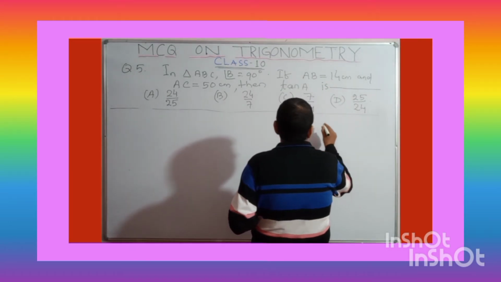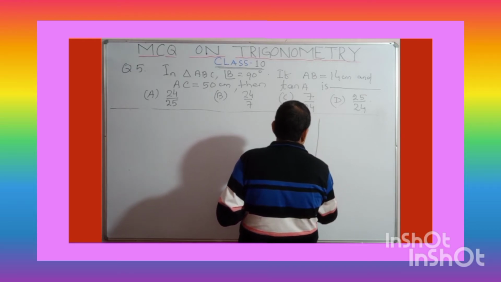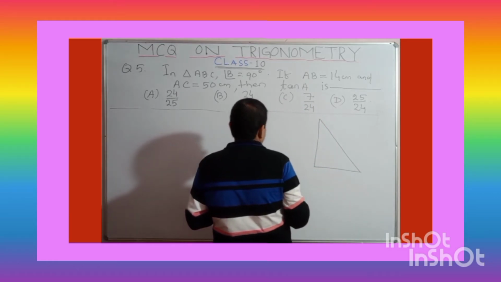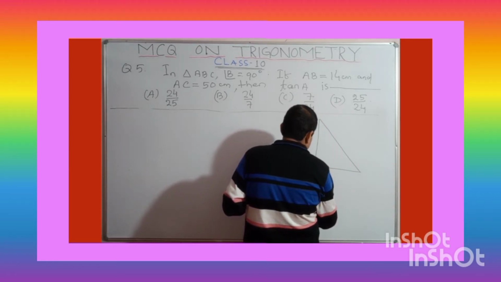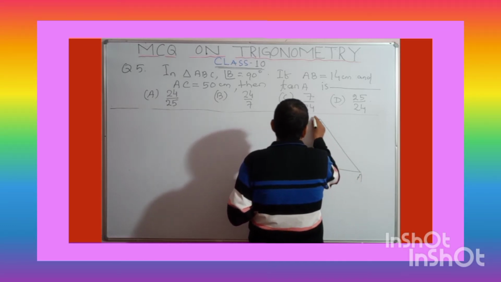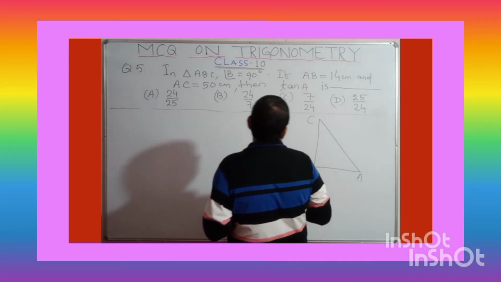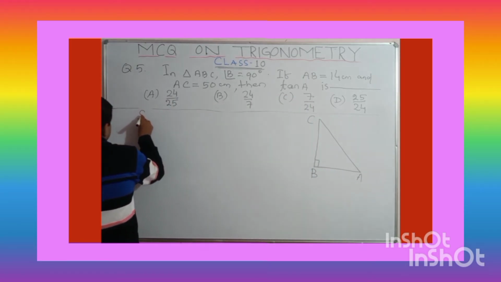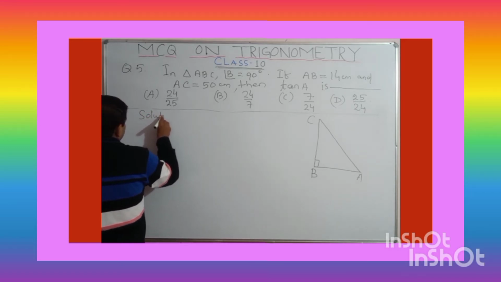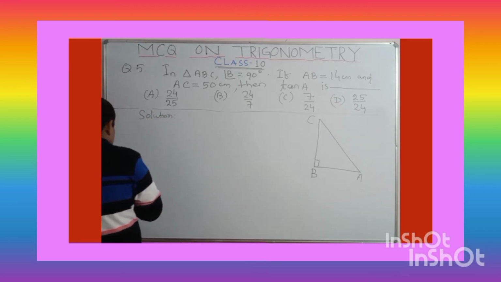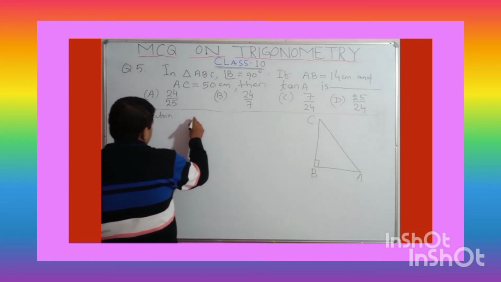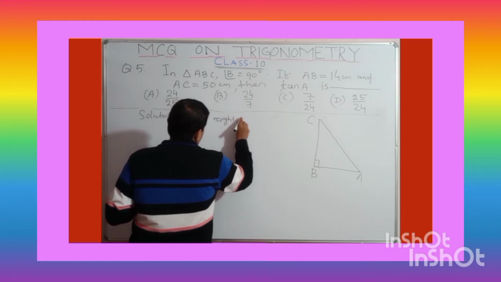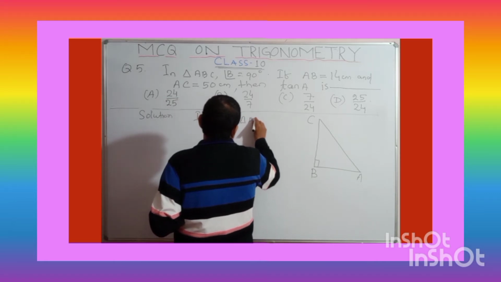Here it is given that ABC is a right angle triangle, where angle B is 90 degrees. Let this be angle A and this be angle C. What else is given, dear students?